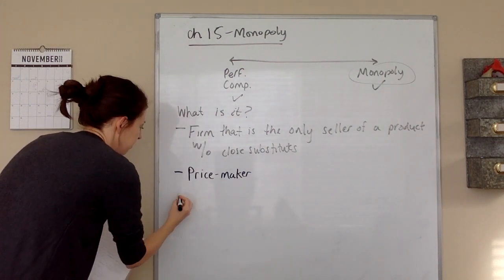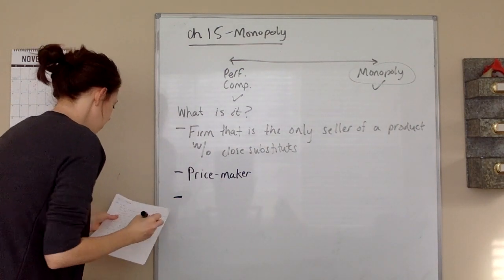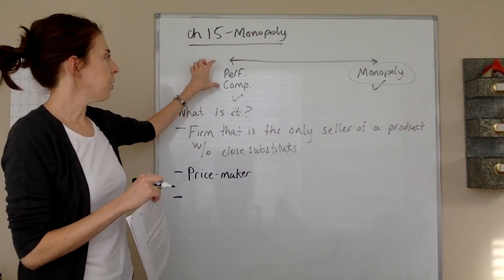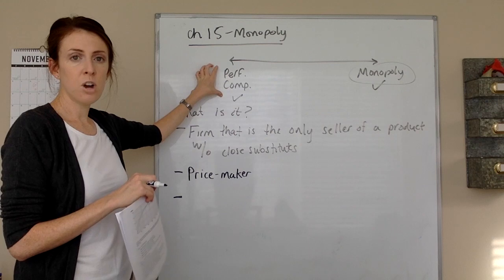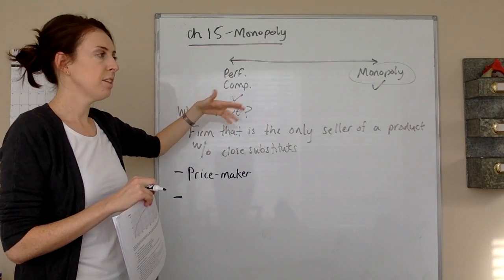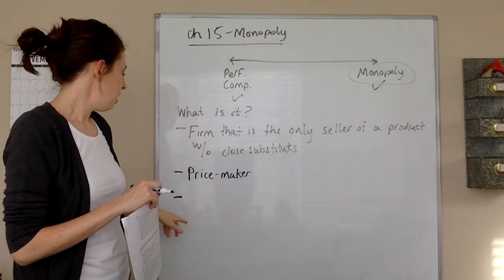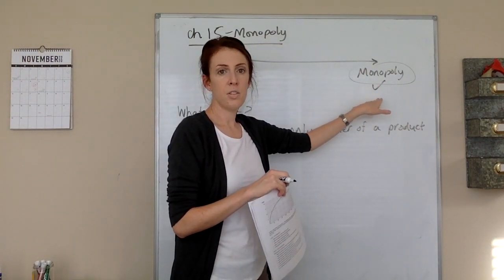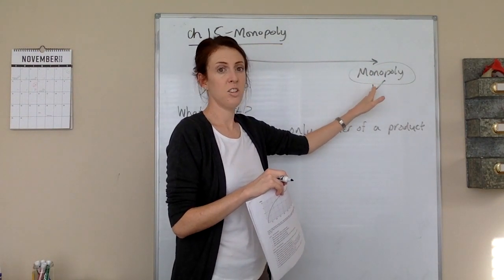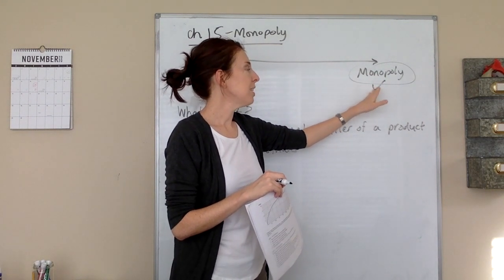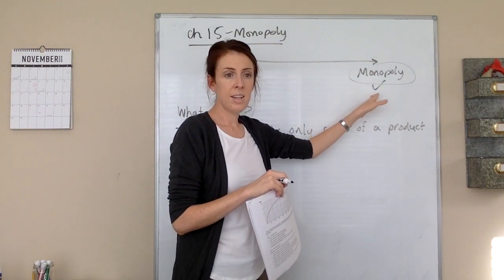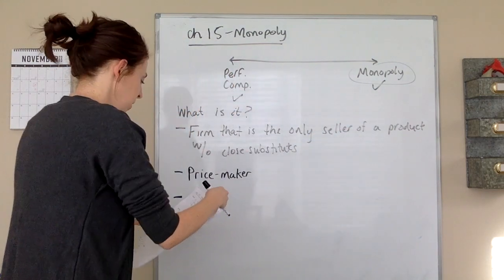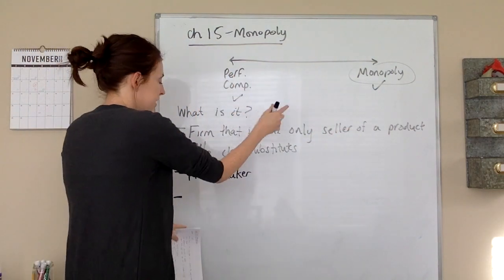And then the last thing I'm going to tack on here is that monopolies are an artifact of barriers to entry. We said that perfectly competitive markets are markets where firms can freely enter and exit. On the opposite end of the spectrum, we have markets where there's not free entry. A monopoly exists when it is impossible for other firms to break into the market and start selling the product. So what is a monopoly?